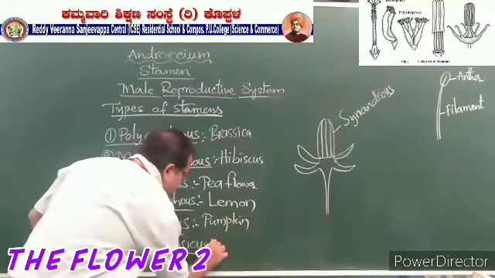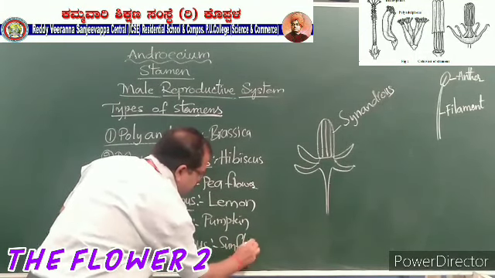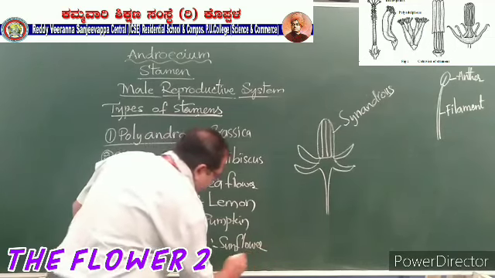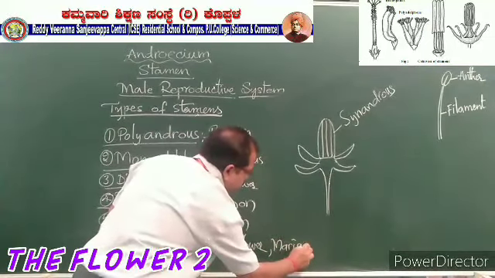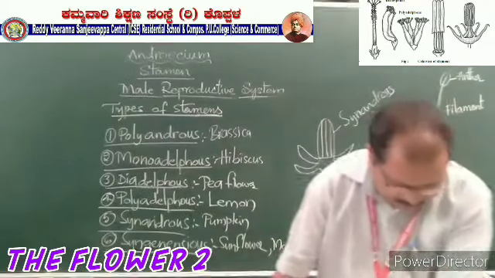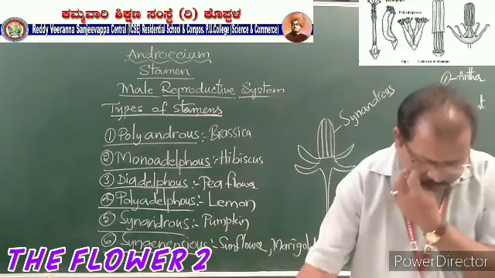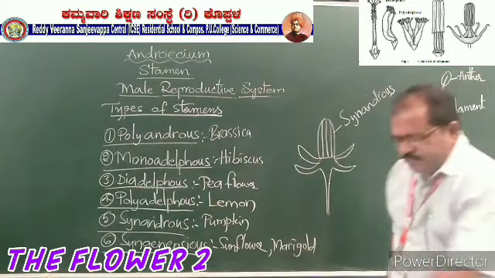This we can find in the sunflower as well as marigold flower. Okay, and in this condition, all the filaments are free. Let me draw it.